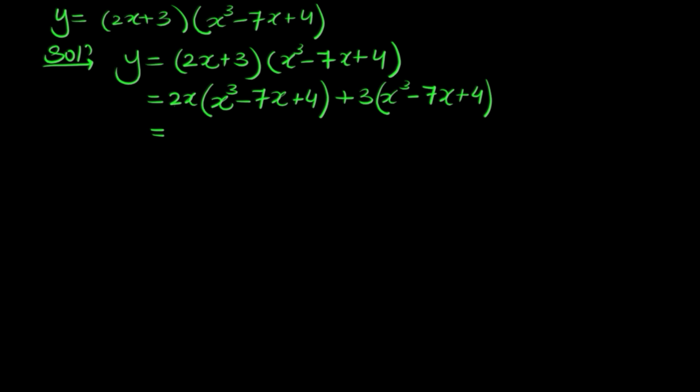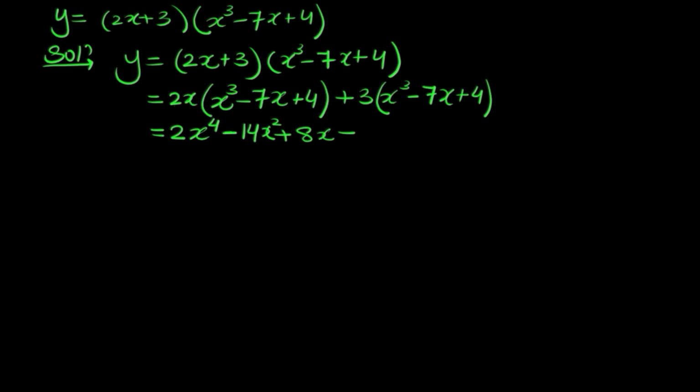So 2 into x cube into x is 2x raised to 4, minus 2 sevens are 14, x into x is x square, so minus 14x square, plus 2 fours are 8x.